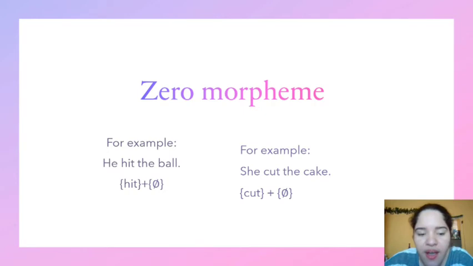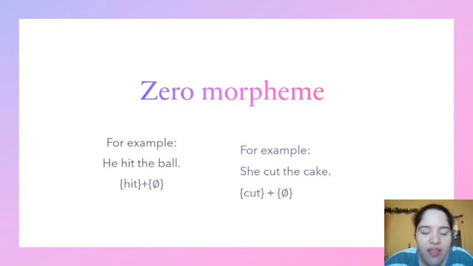So when we have this kind of verb, we use this symbol that means that it is a zero morpheme. Here there is nothing, not an s, and because it's past tense, not an ed or whatever other things we have for past. So this is the symbol that we use to identify the zero morpheme.